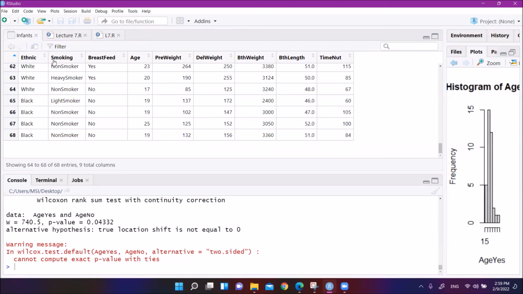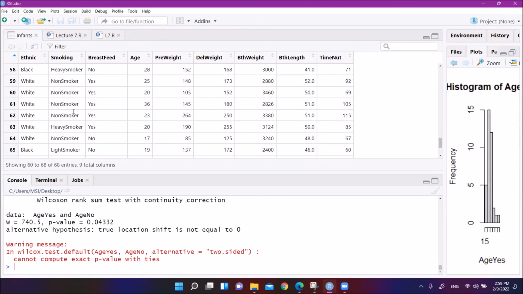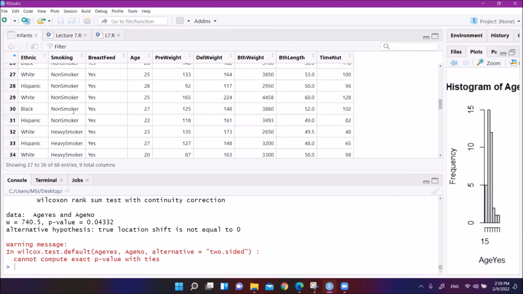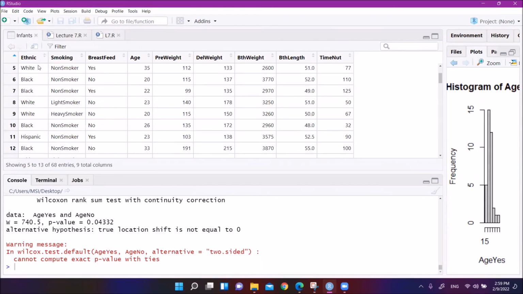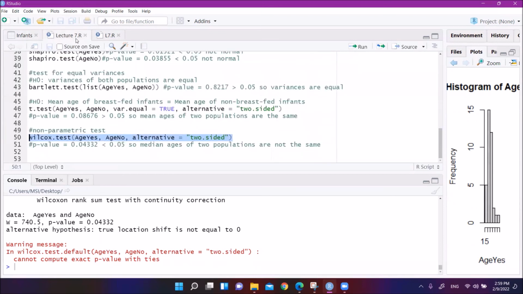You have the smoking variable, you have the ethnic variable. I think for smoking you can, but for ethnic you cannot, because we have 3 categories here. You still can by choosing 2 of them, right? Try to practice the 2 sample test.